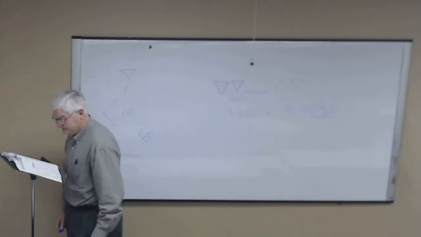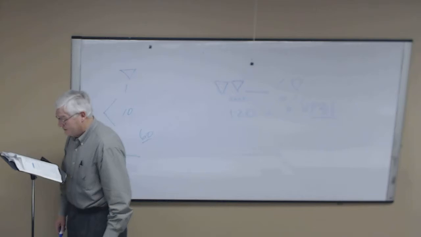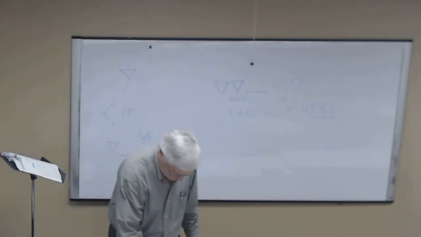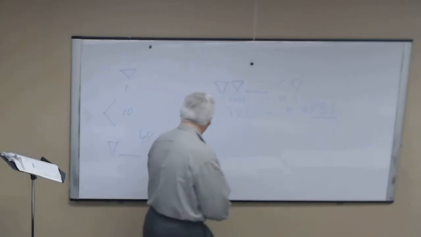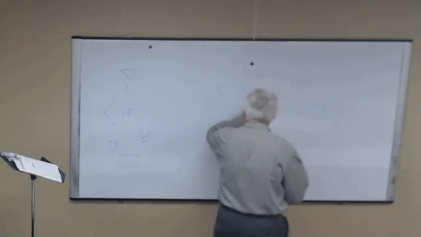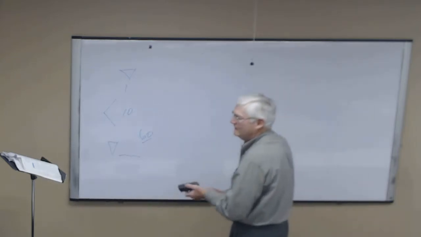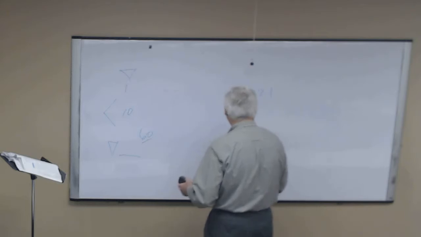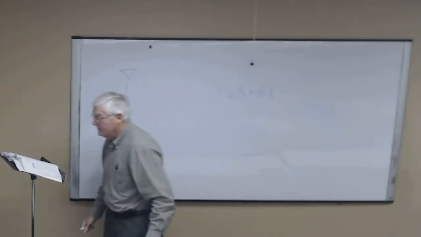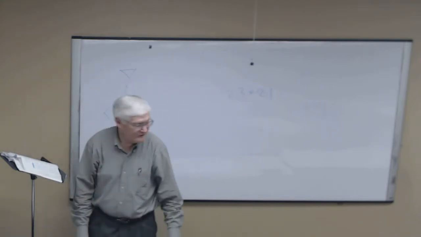Okay? Number 5. 23 times 21. 23 times 21. And what do they want us to do? By successive duplications.